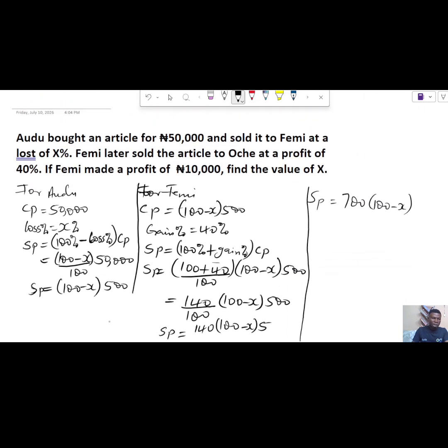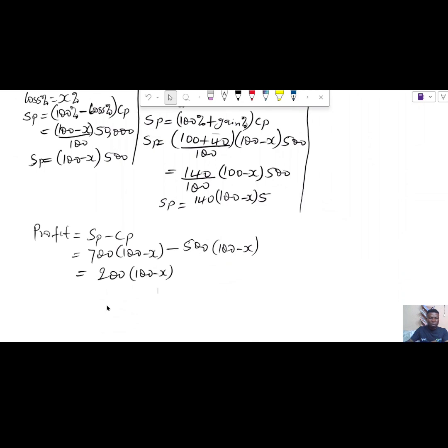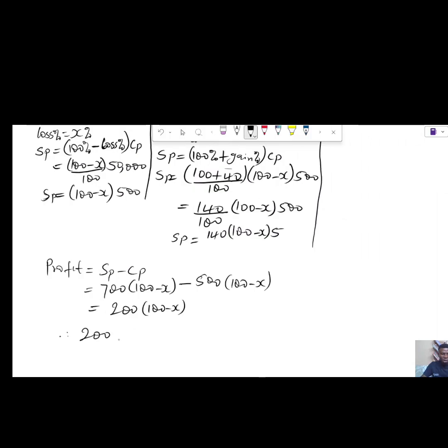But the question says Femi made a profit of 10,000 naira, therefore this 200 into 100 minus x is equal to 10,000 naira. Now let's simplify.